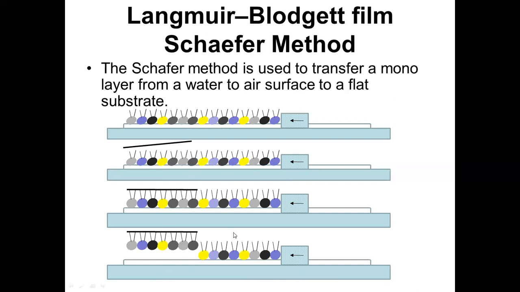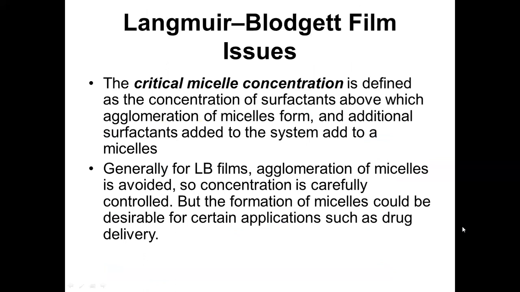I think the most common example is when we're doing plating to the heads, but this shows plating to the tails. One thing that we have to avoid when we're looking at Langmuir-Blodgett films is the critical micelle concentration. This is defined as the concentration of surfactants above which agglomeration of micelles forms.